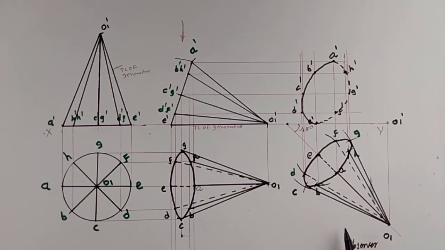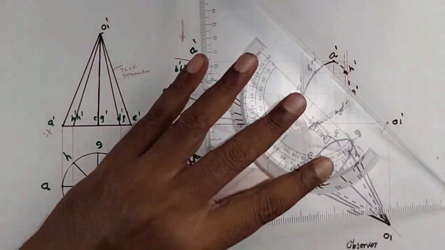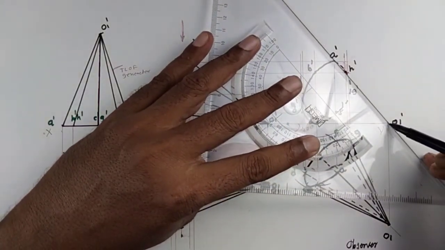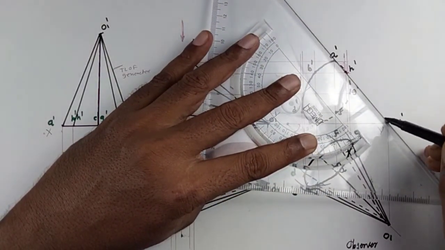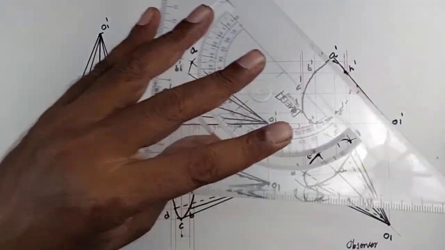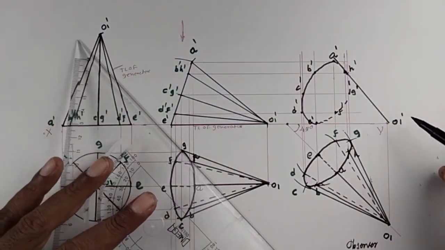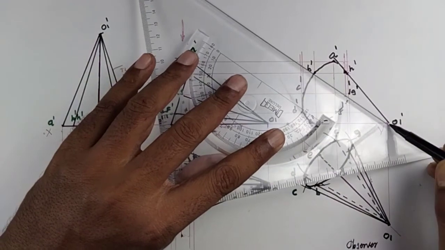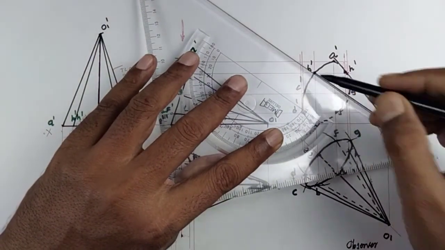Now from observer, AO1 is nearer to observer, so A dash O1 dash is a dark line. BO1, that means B dash O1 dash, is a dark line.